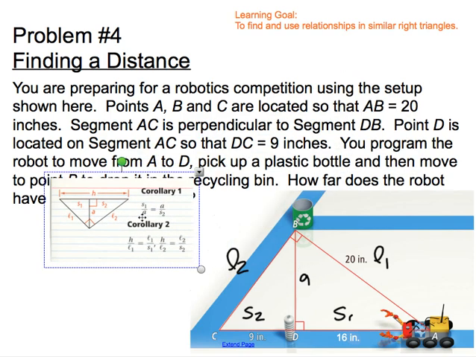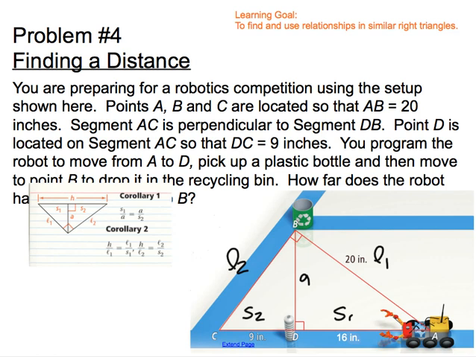So let's move our 3x5 card down here. We can see that corollary 1 is the only formula that has A in it. So in this case, we only need the values of S1 and S2. Those values here are 16 and 9. So let's set up that proportion.